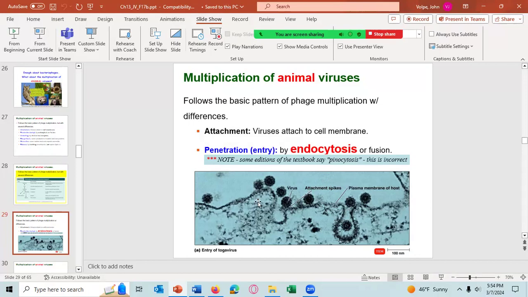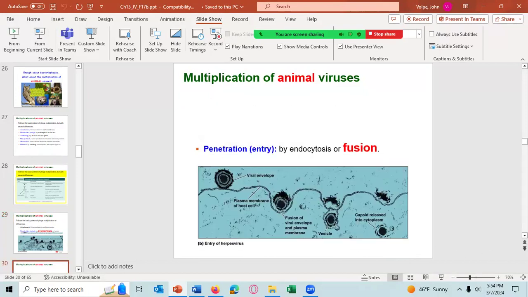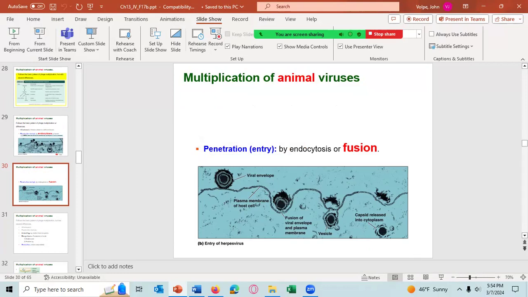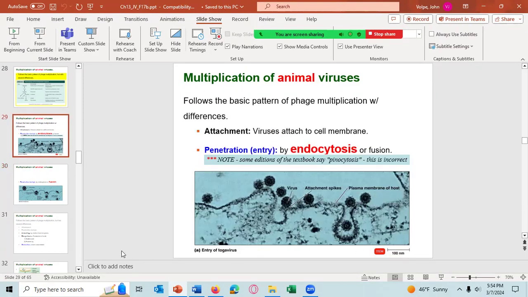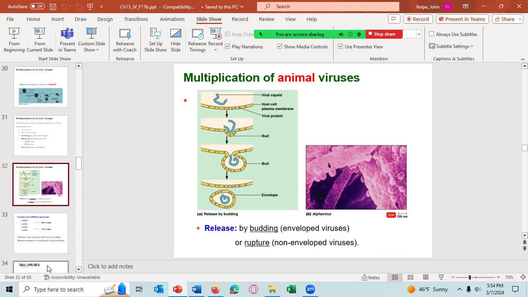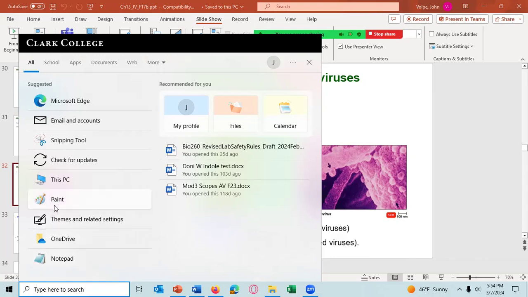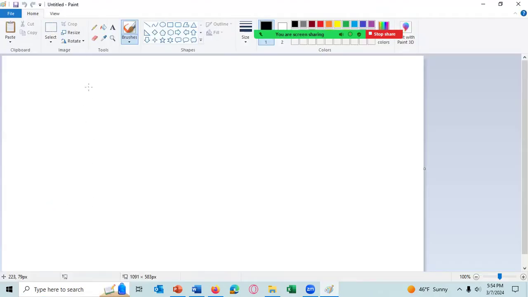The second way that the virus can enter the cell, I don't think I have a picture of that. So let me show it with paint. You get a virus binding to the cell, and the virus has a double membrane called an envelope, and the cell has a double membrane called the cell membrane.